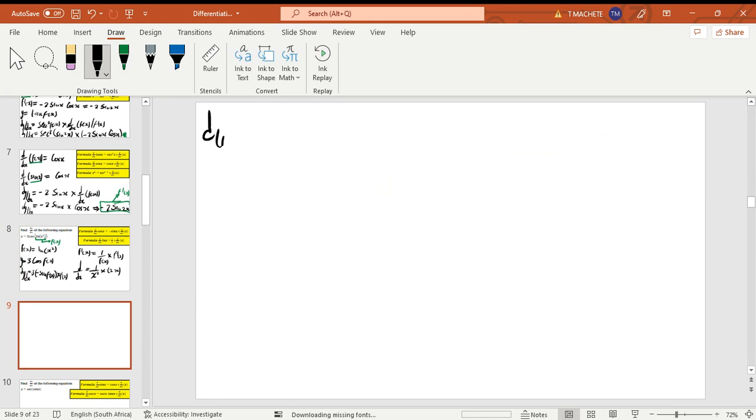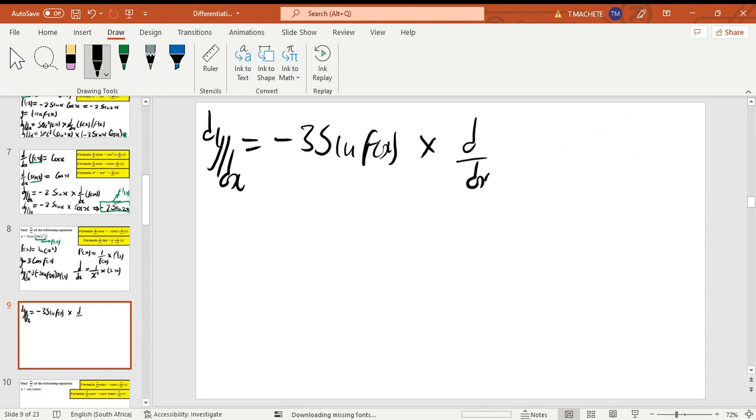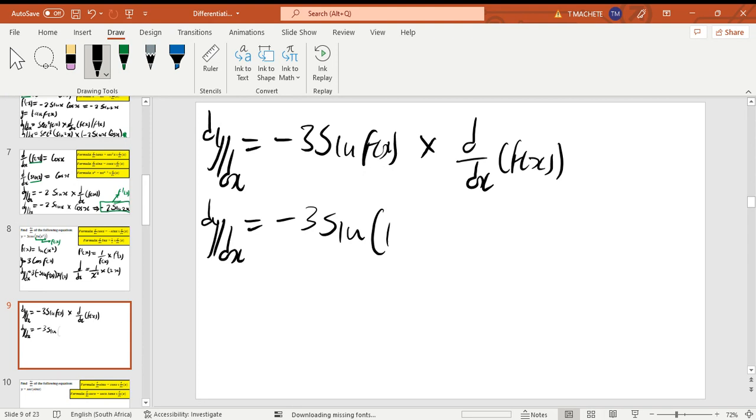Let's write our final answer. Our dy over dx will be given as minus 3 sine f of x multiplied by your d over dx of your f of x. Okay, dy over dx will be minus 3 sine your f of x was ln of x squared. Then you multiply it with your d over dx of that.